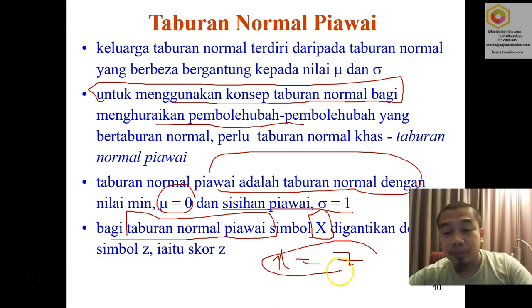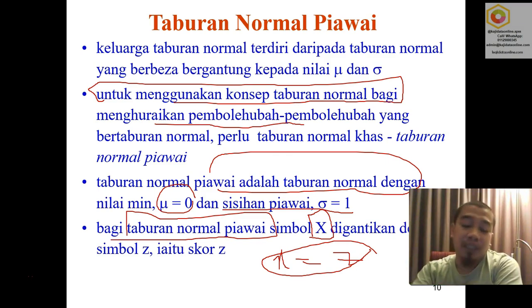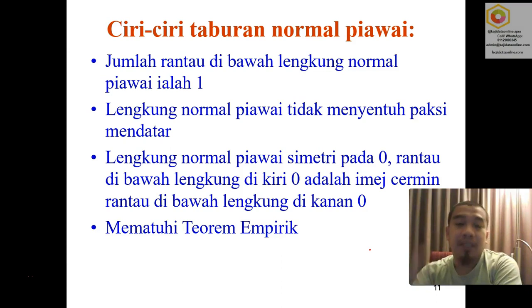You must remember this because it will associate with the mathematical formula that I'm going to explain after this. Okay, so basically taburan normal piawai ini is actually a taburan normal yang kita assume from the tabulation yang menggunakan konsep standard deviation dan juga mean.